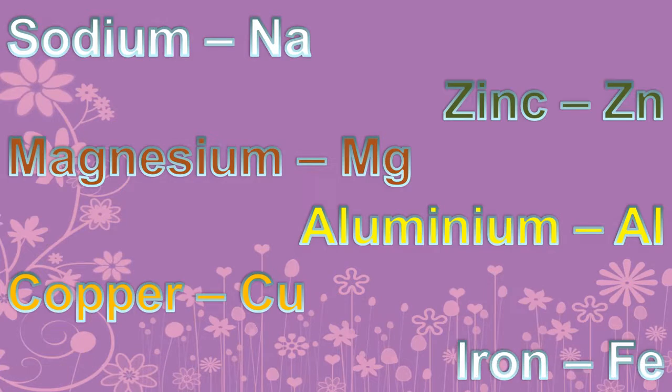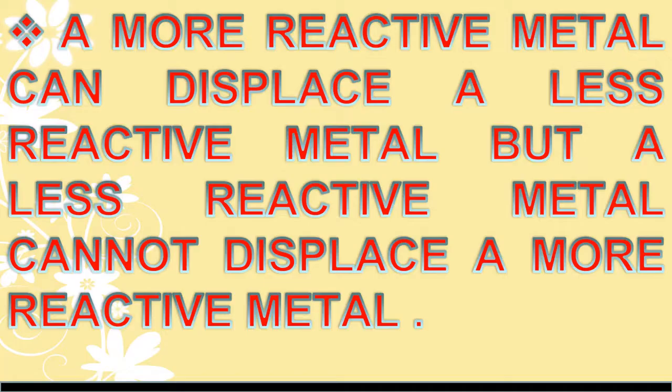There are some metals which do not react with water at all. There are some metals which catch fire easily in air, while others do not show so much reactivity. A more reactive metal can displace a less reactive metal, but a less reactive metal cannot displace a more reactive metal. Let us see this.